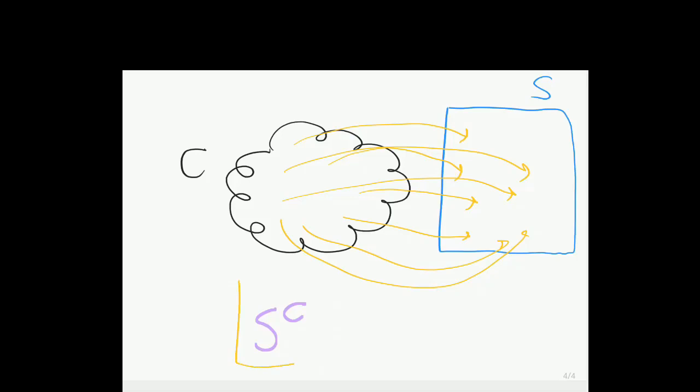Every point in this space is a way that this cloud might be in 3D space at a particular time. So if we consider a particular value f in this space S to the power of C, that's really corresponding to a map from C to S, a particular way that these particles in this cloud are being associated with places in space, the places where they are.